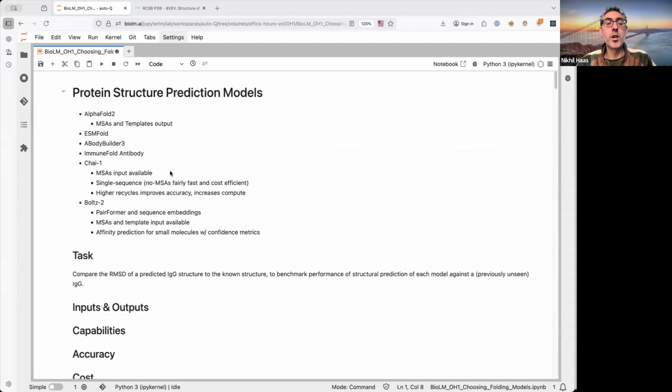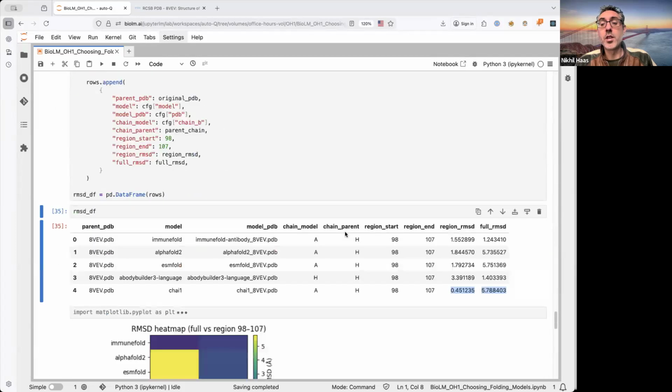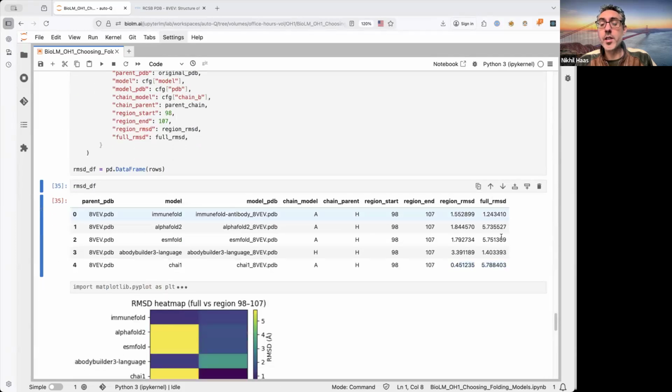But you definitely want to choose a high throughput screening model that's cheaper. And then downstream, when you're going from like 40,000, you can use ESMFold or ImmuneFold. And when you need to select your final 96 sequences or 10 sequences, you want a little more expensive and more accurate structure prediction model. And then there you want to take the final sequences and predict them with Chai using a template or MSA as input.